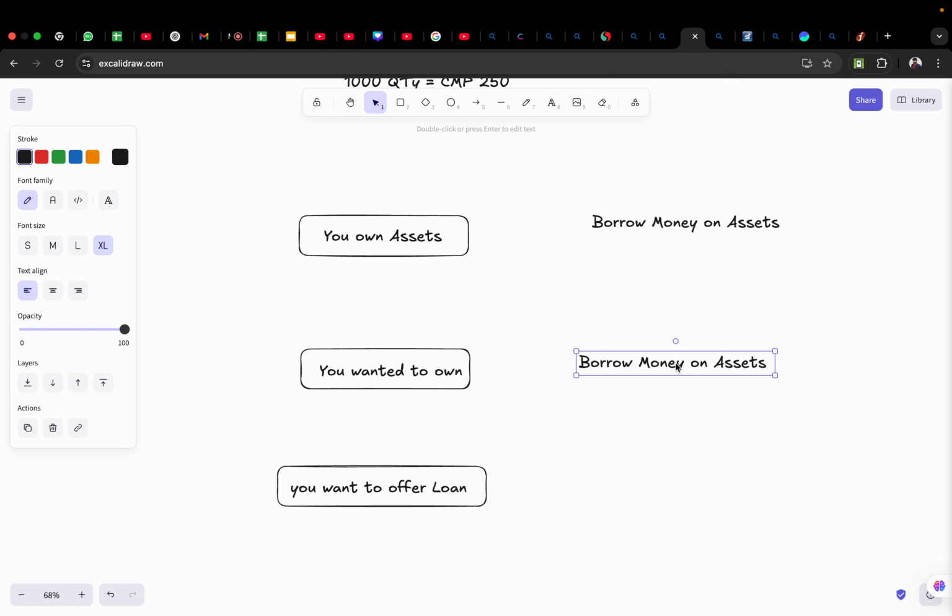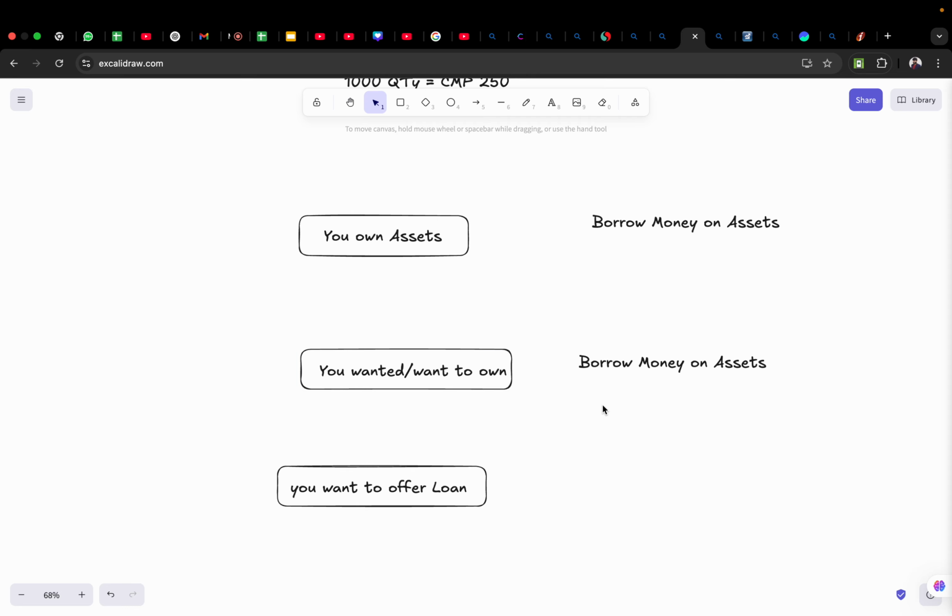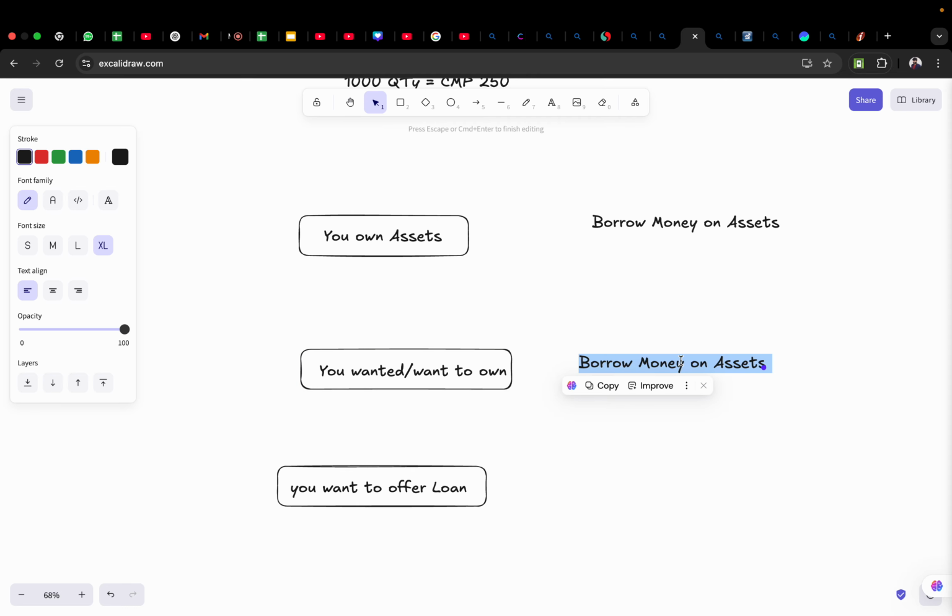If you want to own an asset, which means you don't have it yet, then in this circumstance, you can borrow money on assets and contribute your percentage, or your small money, your contribution, your portion, and hold the assets.